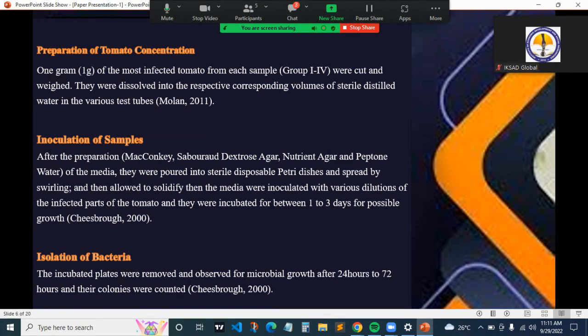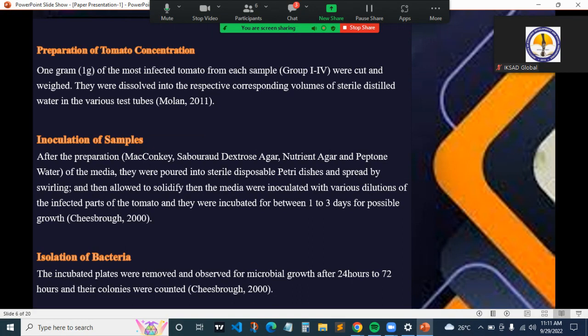After preparation of this media, we poured it into a sterile disposable petri dish and spread by swirling. We allowed it to solidify. Then the media were inoculated with various dilutions of the affected part of the tomato, and they were incubated for between 1 to 3 days for possible growth.